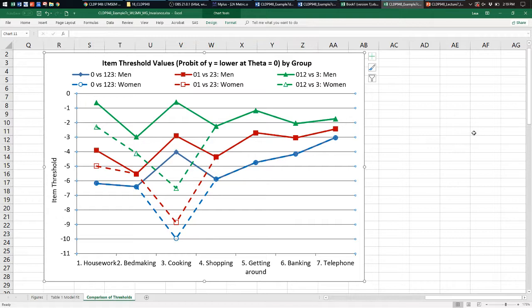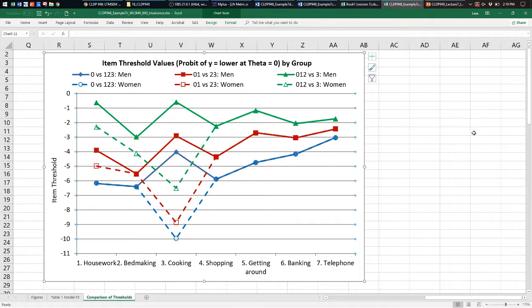So they're constrained in order because this is a cumulative model. Within each threshold, the solid line is the reference group, which is men, and the dashed line is for women. So for the lines that are the green and the red where they're right on top of each other, those are invariant. The versions where you can see the dashed line come down, those are the parameters that are non-invariant, that are different.